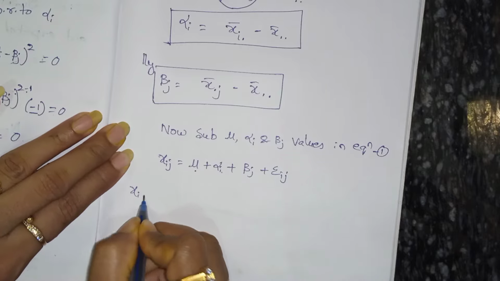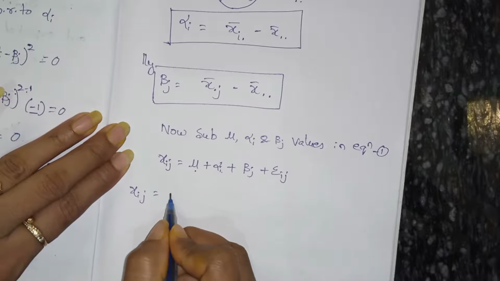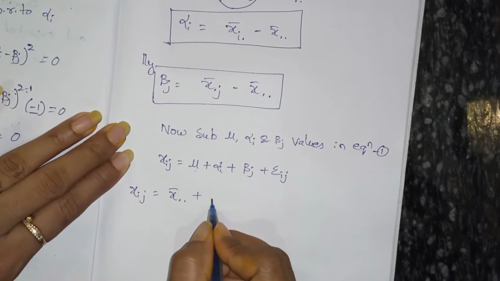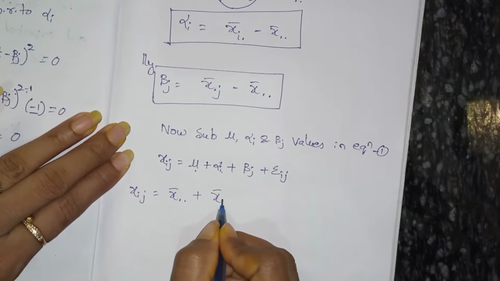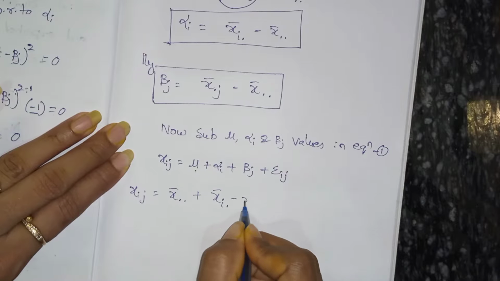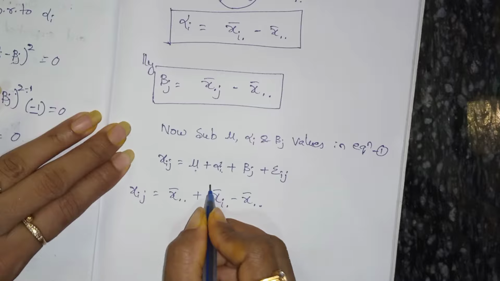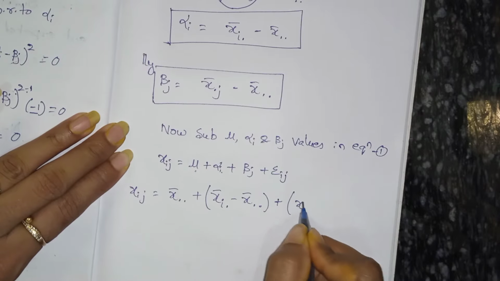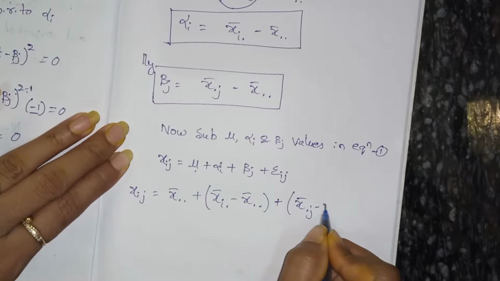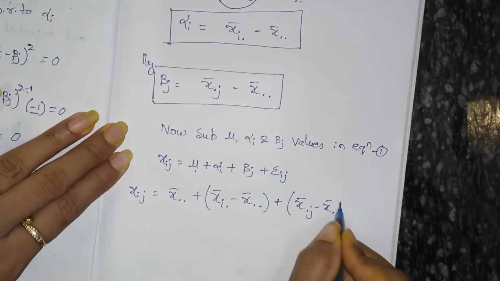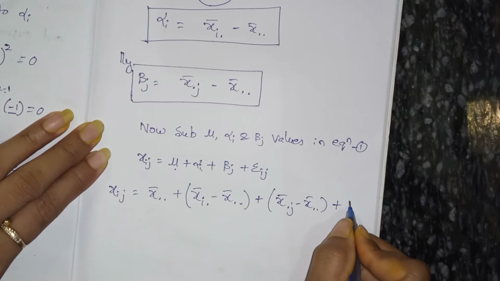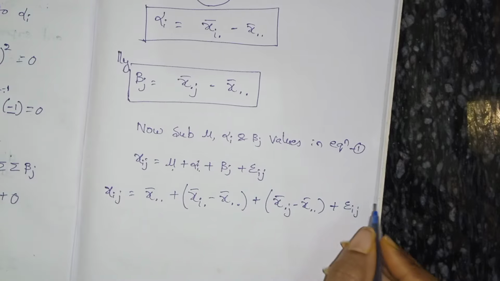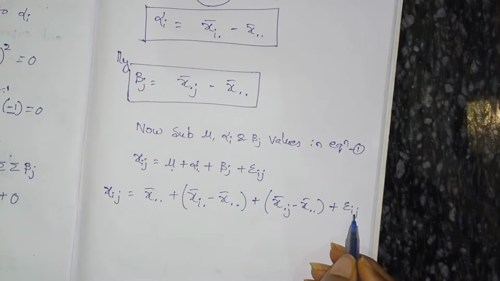So xij equals, what is the mu value? x bar double dot plus alpha i value: x bar i dot minus x bar double dot. This is alpha i. What is the beta j value? x bar dot j minus x bar double dot, plus epsilon ij.